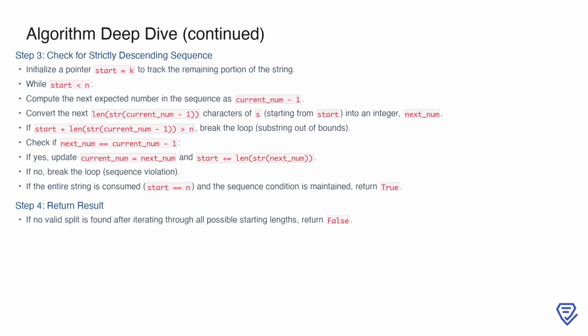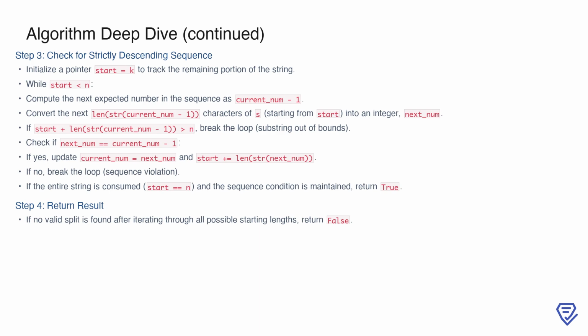We initialize a pointer to track the remaining portion of the string. While there are still characters left, we calculate the next expected number in the sequence by subtracting 1 from the current number. Then, we extract the next substring, which should match this expected number. The substring length is determined dynamically based on the length of the expected number.